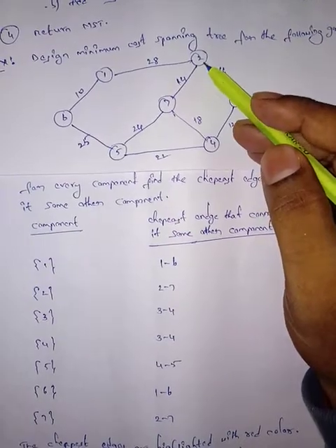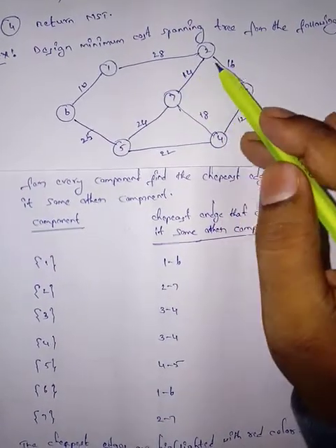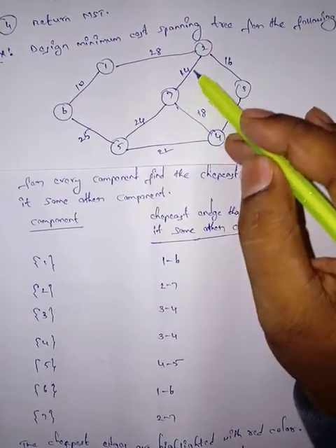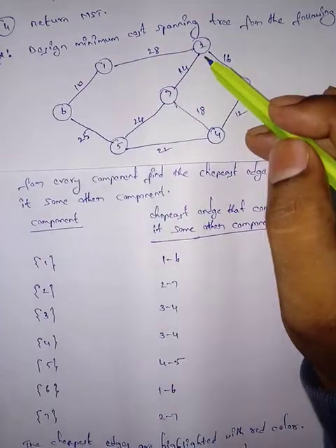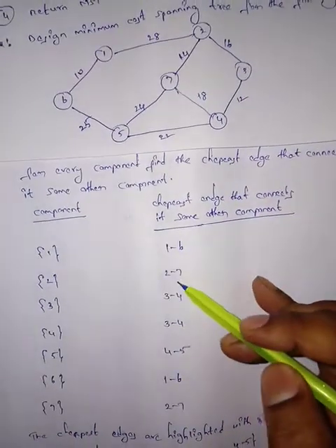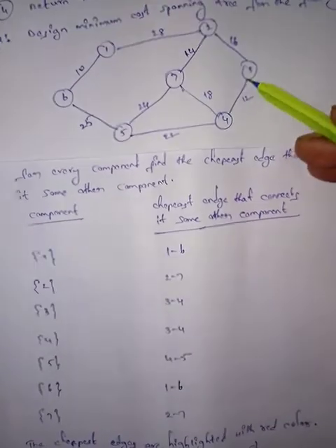This vertex is connected with 3 edges. Out of these 3 edges, this is the minimum cost, with source and destination vertices 2 to 7.